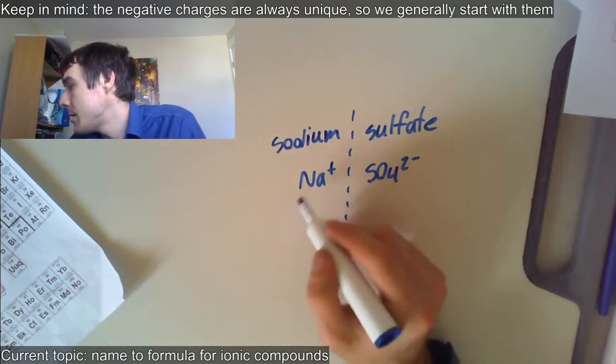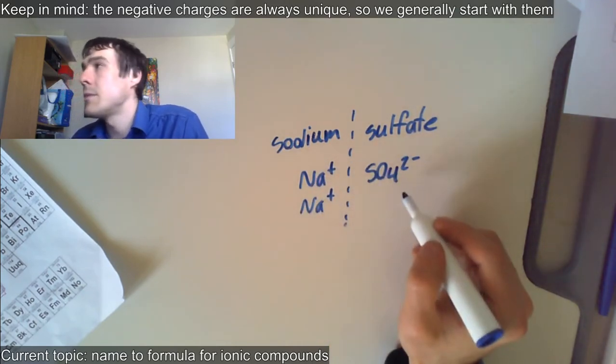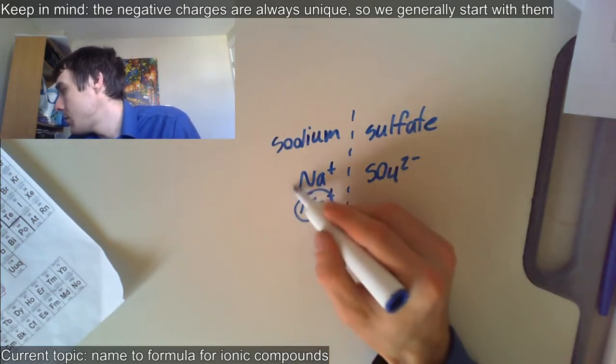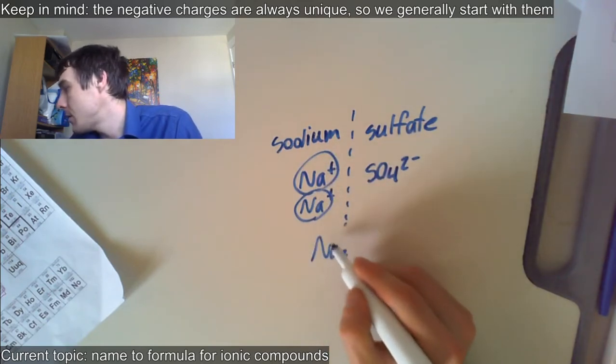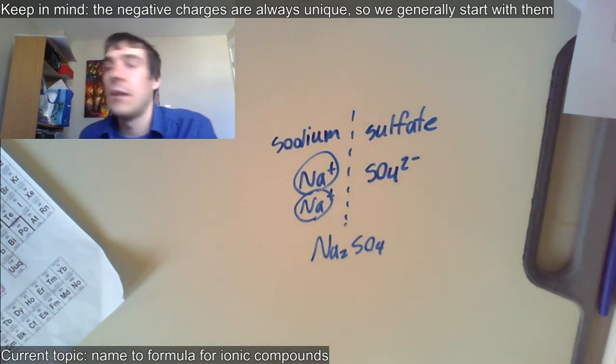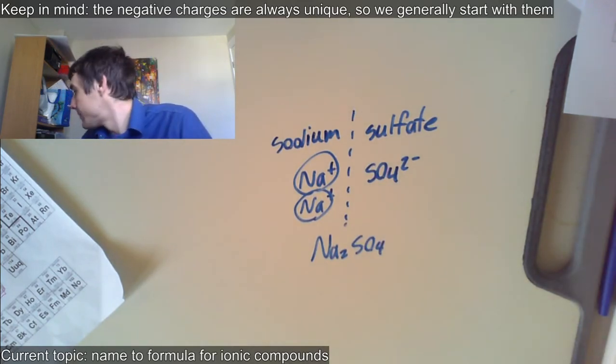So there's 2 minus here, we want 2 plus over here, Na plus. So there's 2 Na plus and there's 1 sulfate. And then we write the formula to reflect how many of each we have. There's 2 of these, so it's Na2. And there's only 1 of these, so it's just SO4. Na2SO4. That is the formula for sodium sulfate.